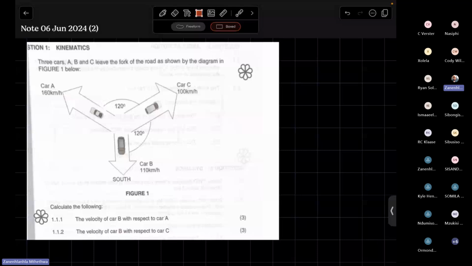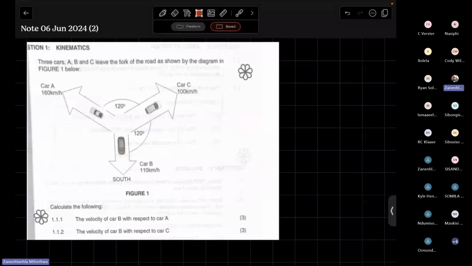The relativity of an object's velocity depends on the platform that it is on. So, essentially, all velocities are relative.